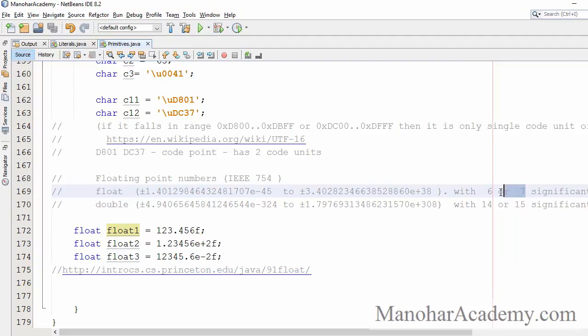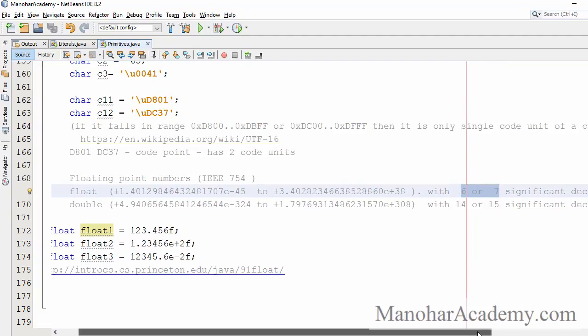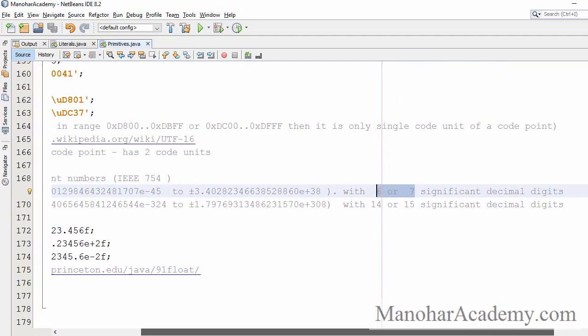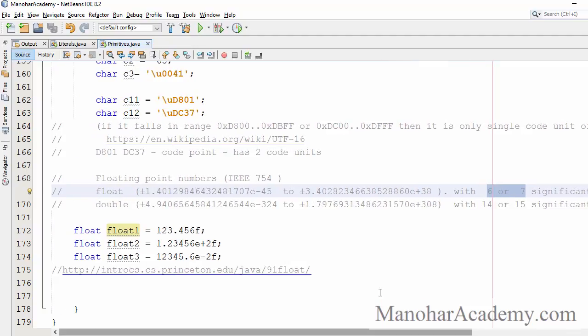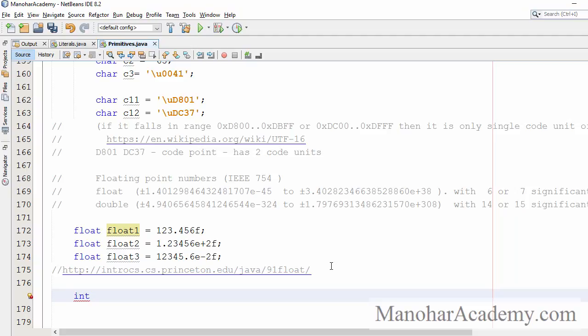First thing we want to note is it has 6 to 7 significant decimal digits. What do we mean by that? First, let's consider an int. I am going with simple ones. Int 1, so let's say 1234567. Let me assign it to float.